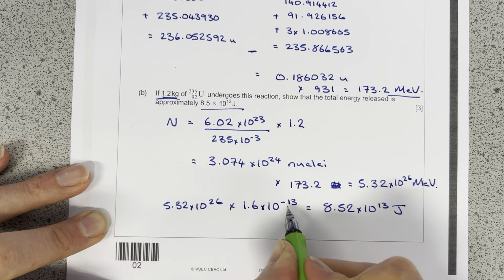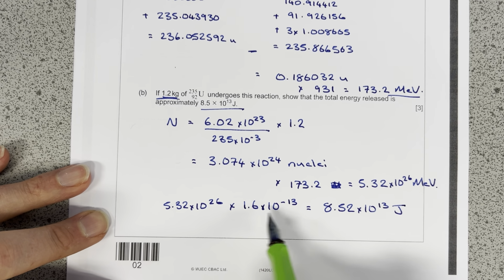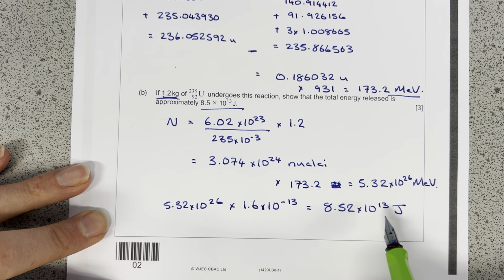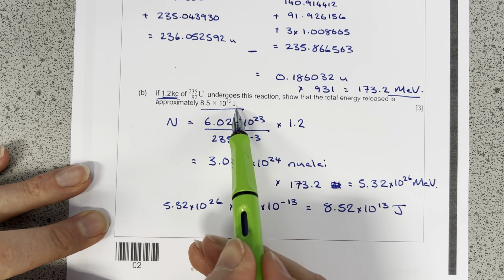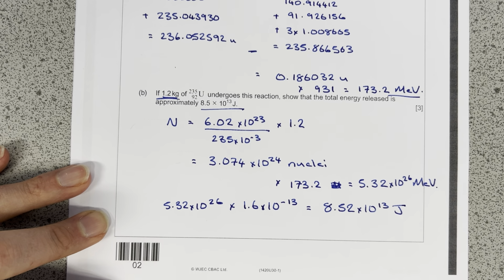If you've done times 10 to the minus 19 over here, because you're using the charge of an electron, this would come out looking a little bit different. Your standard formula is different, and it will be giving you megajoules. Because they want us to do joules, I'd stick with that there.